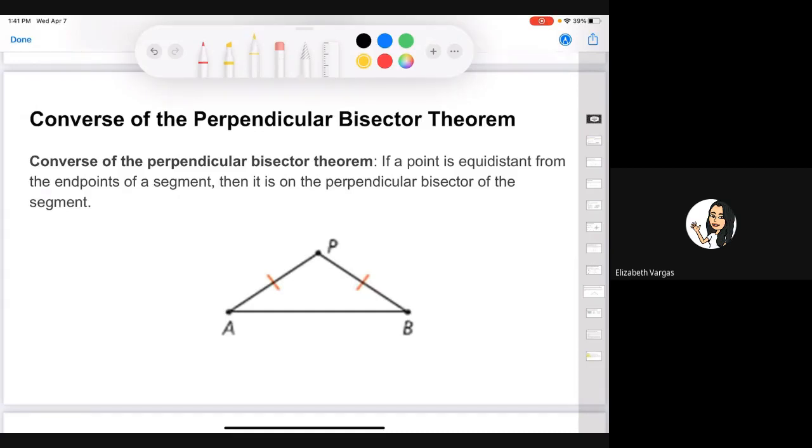So the converse of the perpendicular bisector basically just says, if a point is equidistant from the endpoints, then it is on the perpendicular bisector of the segment. So before we were told if we have a perpendicular bisector, then any point on it is equidistant from the endpoints.